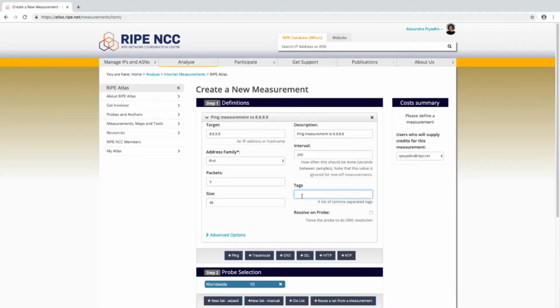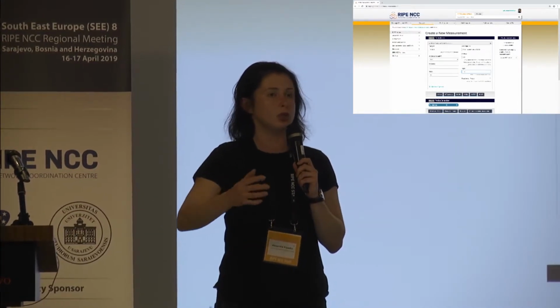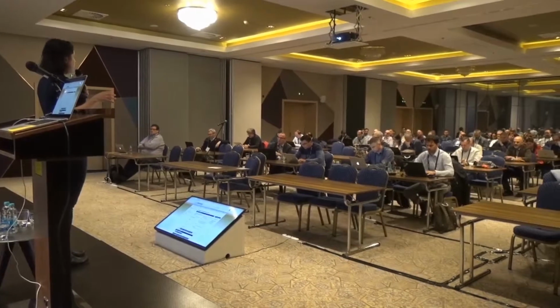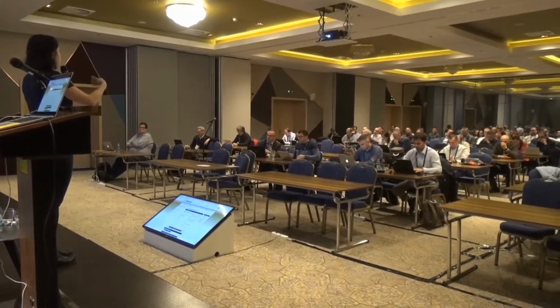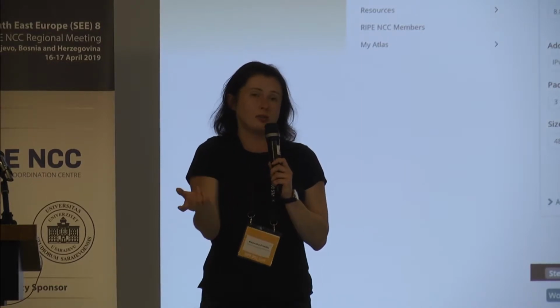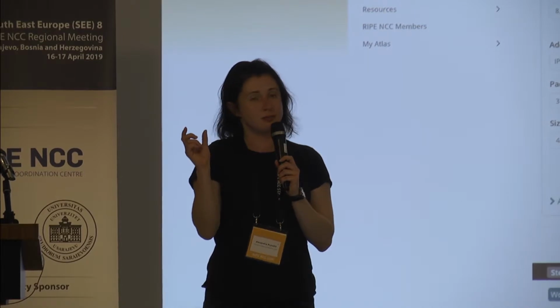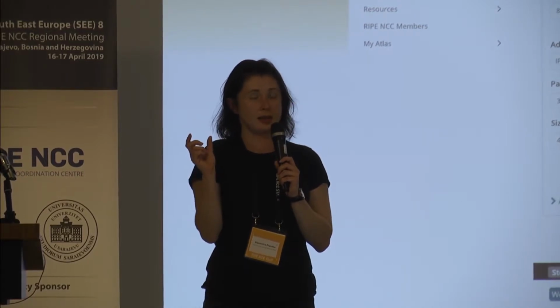Let's say you have a group of friends or a group of companies and you want to do some measurements among this network. You may ask them to put some custom tag in the settings of their probes.